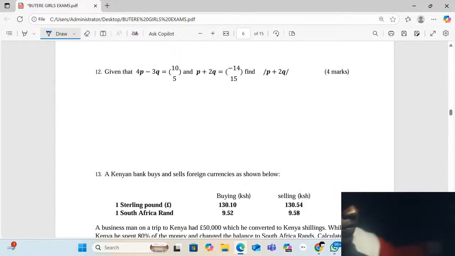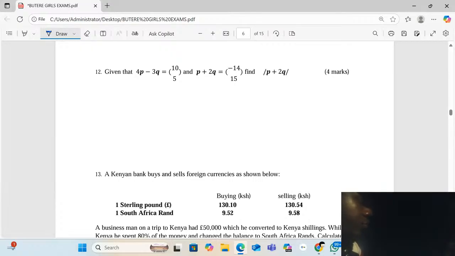Number 12. So 12 reads, given that 4p minus 3q over 5 equals 10, and p plus 2q over 9 equals that, find the magnitude of vector p plus 2q.